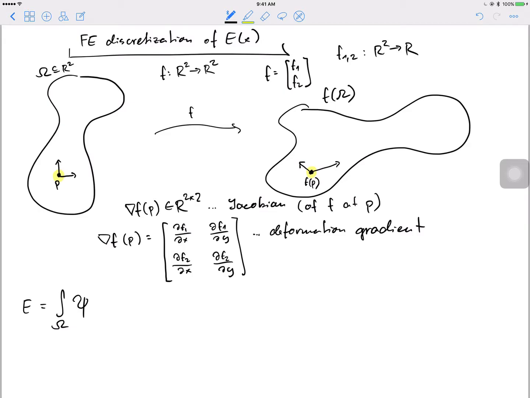I'll explain in a second what it is. The psi is applied to the deformation gradient at P, where P ranges over all of the points I'm integrating over. The psi function takes a matrix, in this case a 2 by 2 matrix, in 3D of course a 3 by 3 matrix, and assigns it a non-negative number. This psi is called the energy density function, or deformation energy density function.